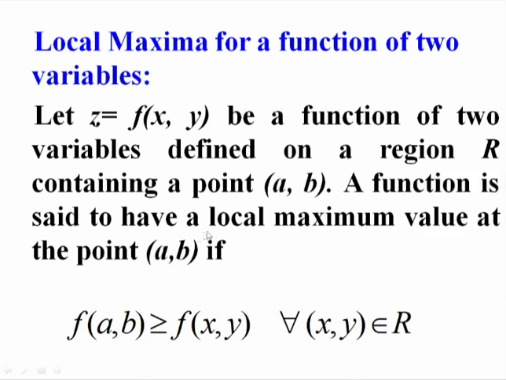Then the function is said to have a local maximum value at the point a, b if the value of the function at the point a, b is greater than or equal to the value of the function at all the remaining points in the region. That means f at a, b is greater than or equal to f of x comma y for all x comma y belonging to the region.